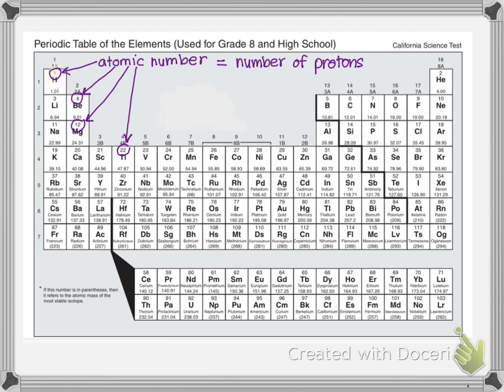Okay, I just wanted to get out the periodic table now, so I could put a visual to what those words are saying. The atoms are organized by atomic number. The atomic number is the number of protons. And we're going to do more with that in this chapter. So don't worry if it's just starting to settle in, because this chapter has quite a few examples.